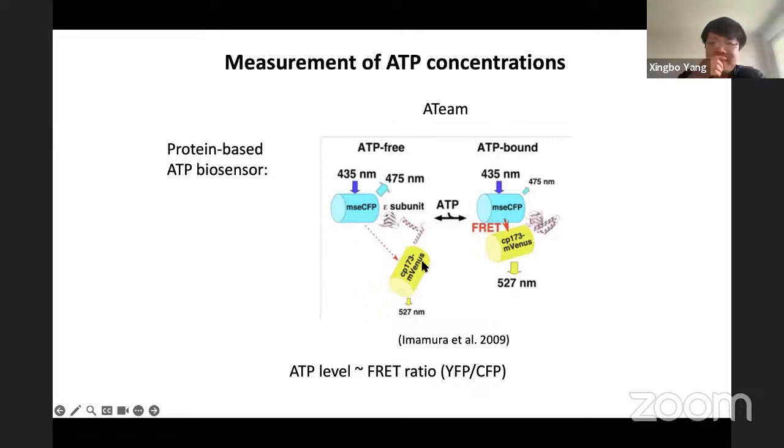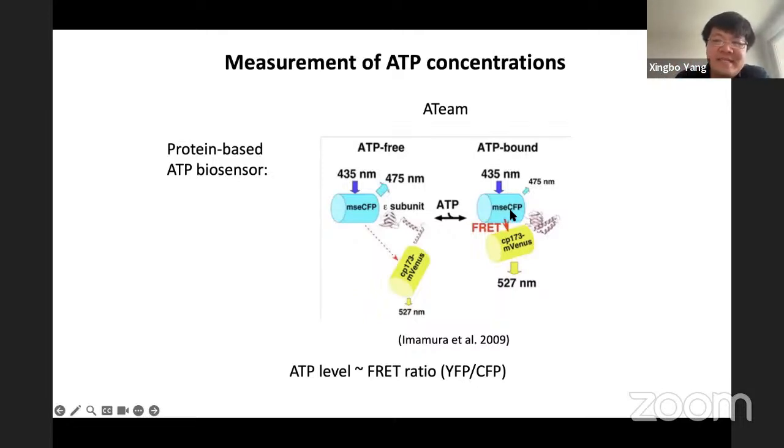So two fluorophores of different color. Then you connect these two fluorophores with an epsilon subunit, which is basically an ATP-binding subunit. If ATP binds to this subunit, it changes conformation and brings these two fluorophores closer. When they're close enough, this so-called FRET happens.